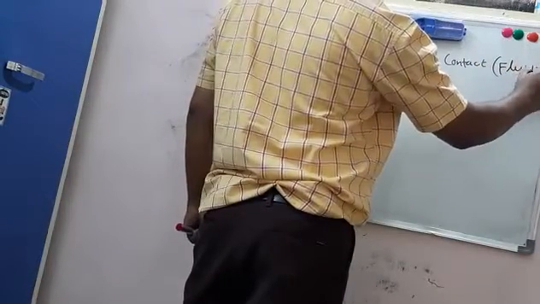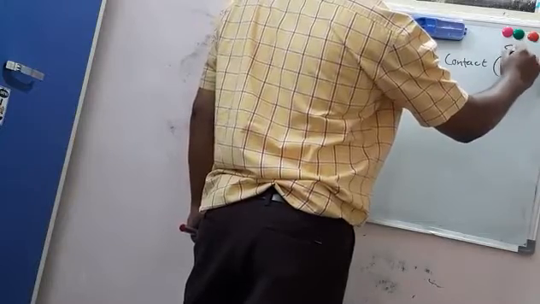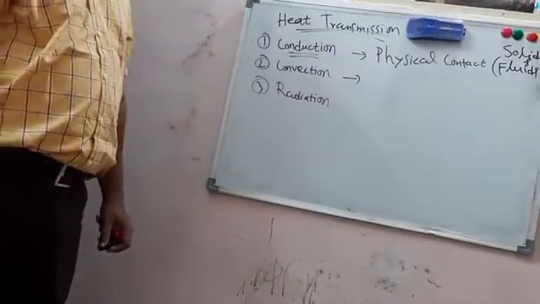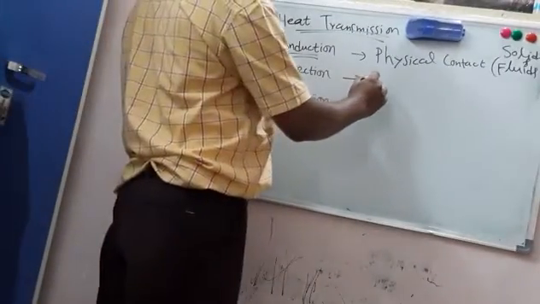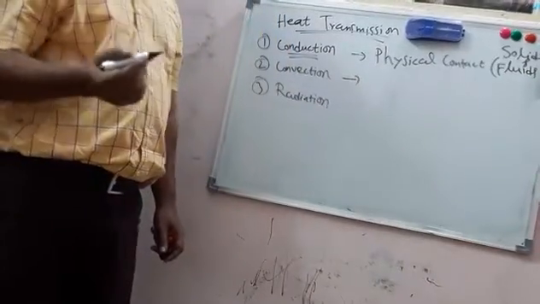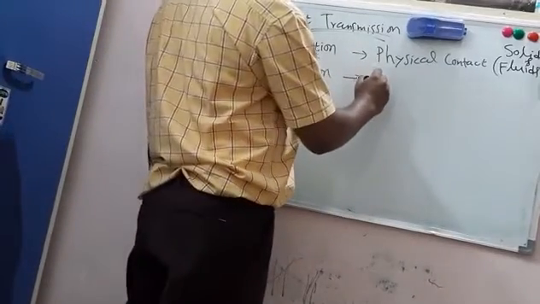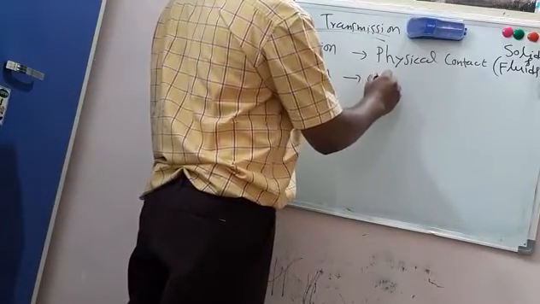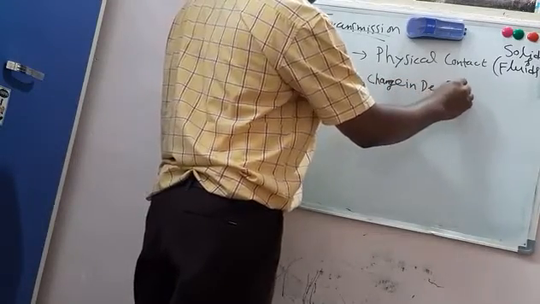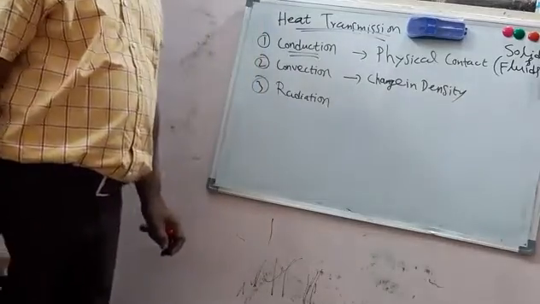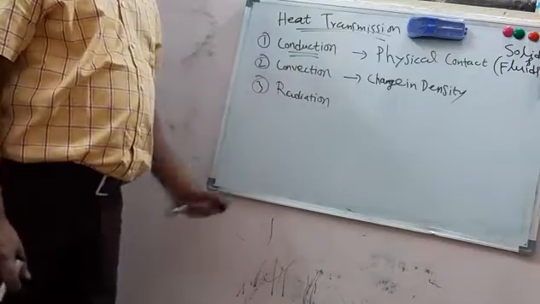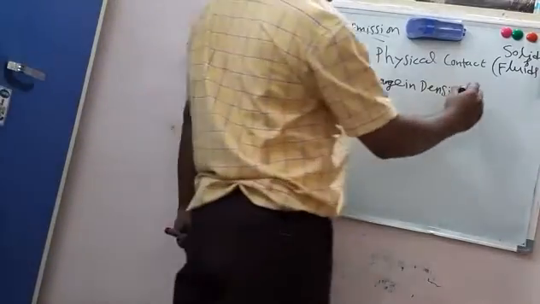The convection current is caused by a change in density of the fluid. Such a change in density is not possible in solids, so it occurs mostly in fluids.